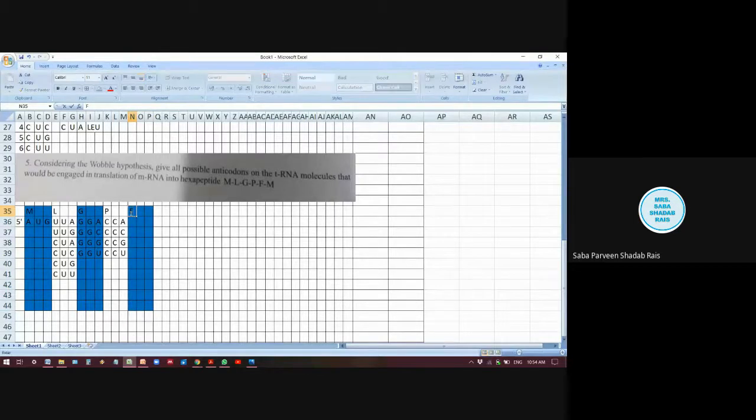F. What does F stand for? It is for phenylalanine. Come on, tell me phenylalanine. That is going to be UUC, then UUU, right? Then what is the next amino acid? It is again M, methionine, only one code. That is AUG.